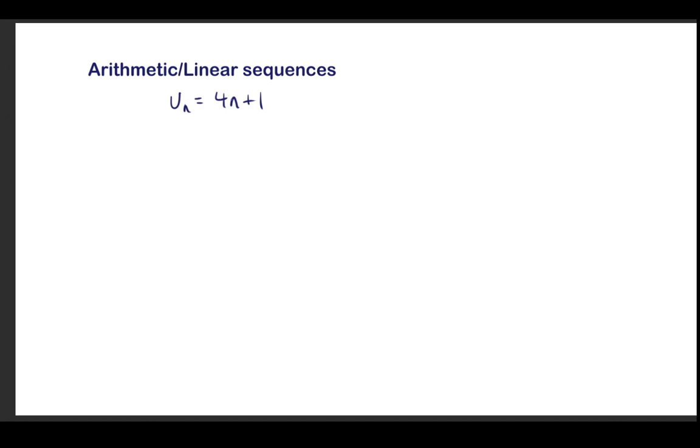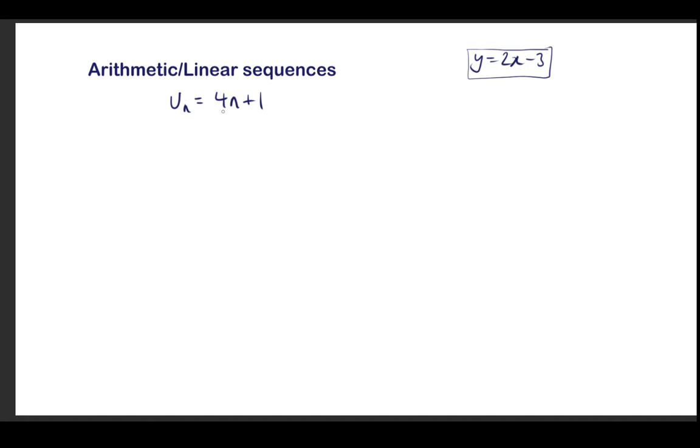It could be multiplied by something, and there could be a number added or subtracted, but it's like a linear graph. If you remember, we're doing graphs. If you have y equals 2x minus 3 or whatever, that would be a linear graph. We know it's going to be a straight line because we just have x's and some numbers. It's going to be the same here.